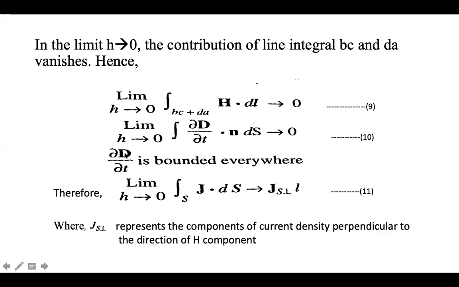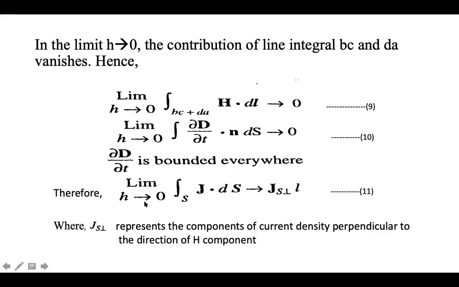This implies dou D by dou t is bounded everywhere, and hence what's happening to J? The limit as h tends to 0 of the surface integral of J dot ds is equal to Js perpendicular L. This perpendicular represents the perpendicular direction of the component.